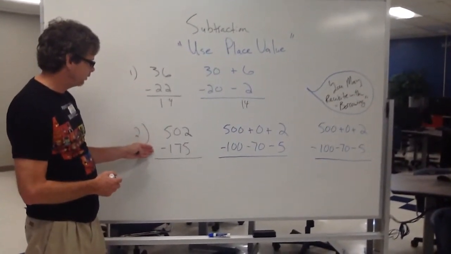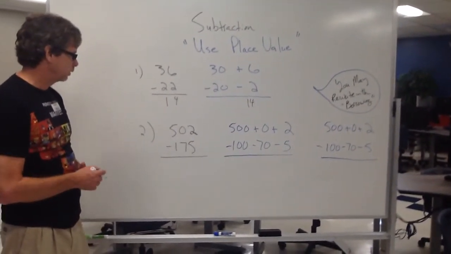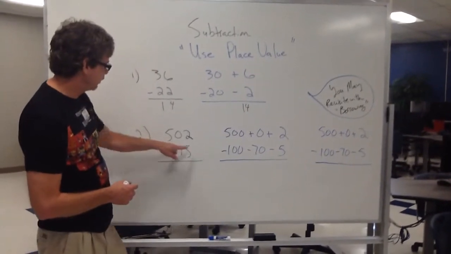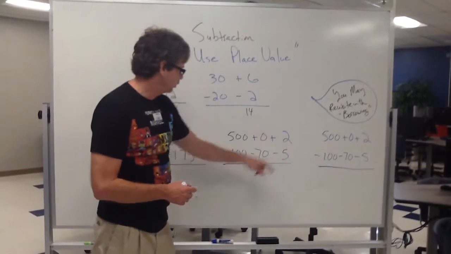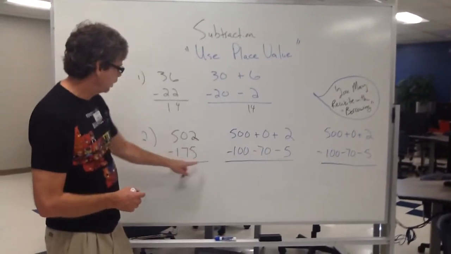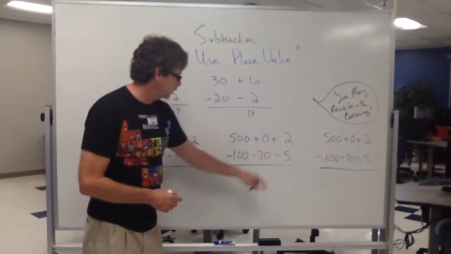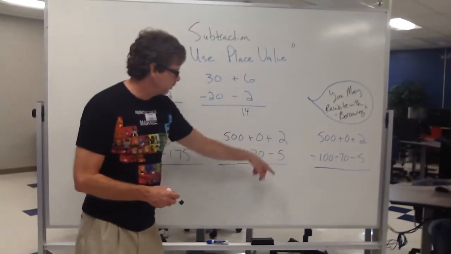502 take away 175. And I want to look at this two ways. The first way, we're going to break it down by place value. So I have a 500, no 10s, and a 2 for 2 ones. I'm going to take away 100, I'm going to take away 70, and I'm going to take away a 5. Now, doing it mentally, we can go any direction we want to go.